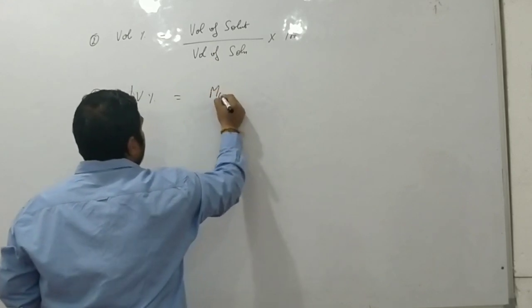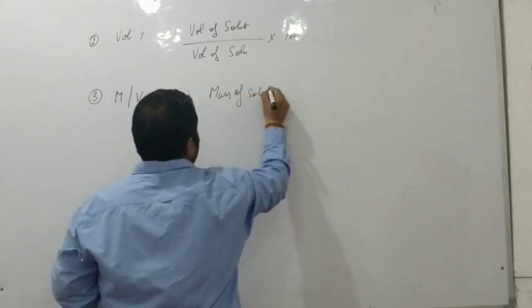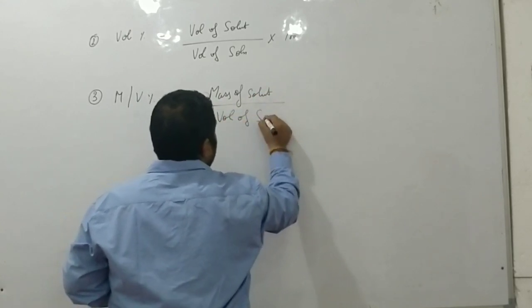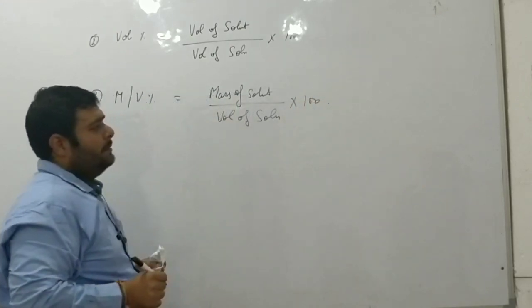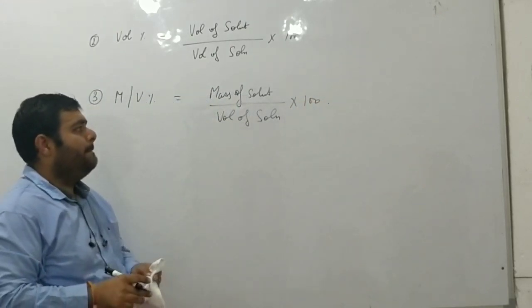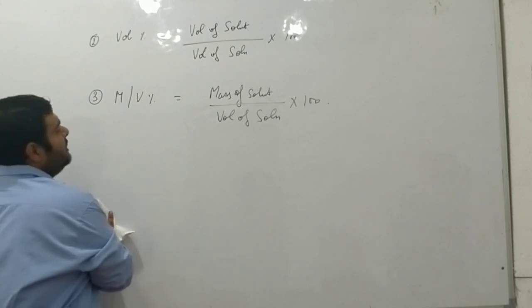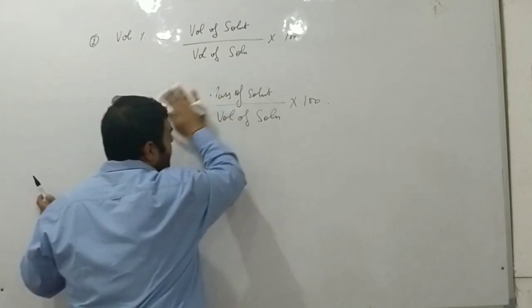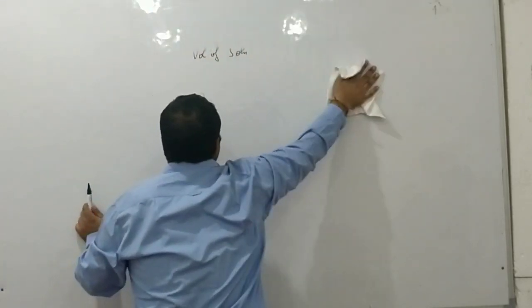Now what is this? This is the mass of solute over volume of solution into 100. So these are the three basic terms, that is mass percentage, volume percentage and mass by volume percentage.